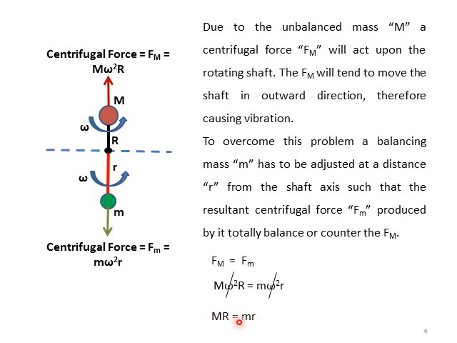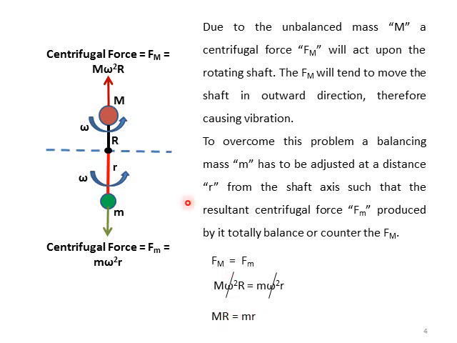Maybe the unbalanced mass and the balancing mass are of different sizes. If these masses are different sizes, then definitely the radial distances will be different.